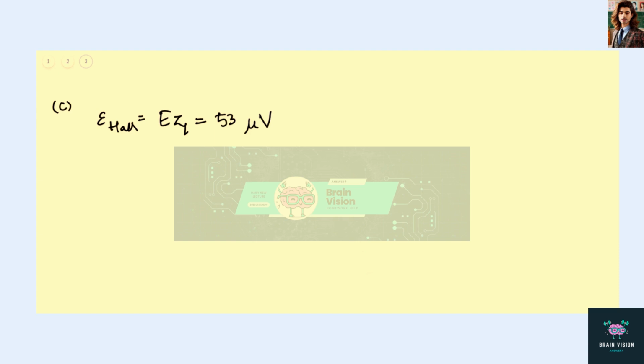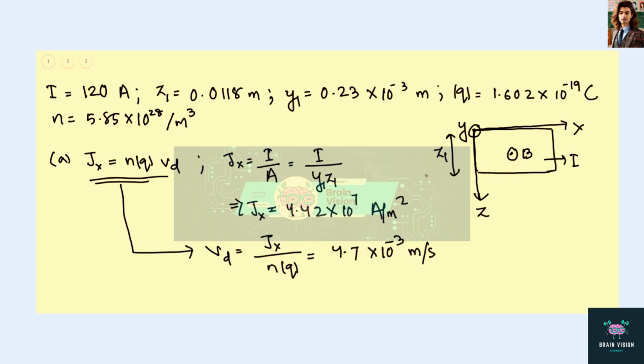Now the Hall EMF is the potential difference between the two edges of the strip at z equal to 0 and z equal to z1.